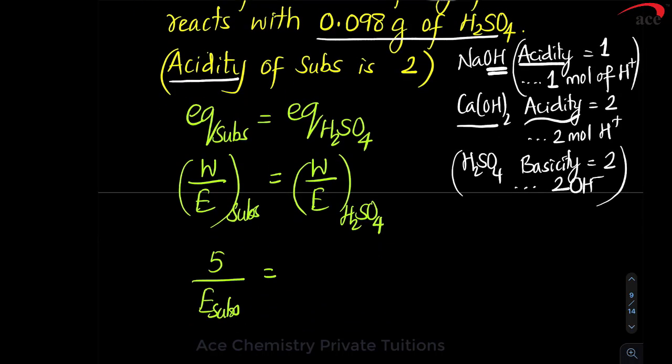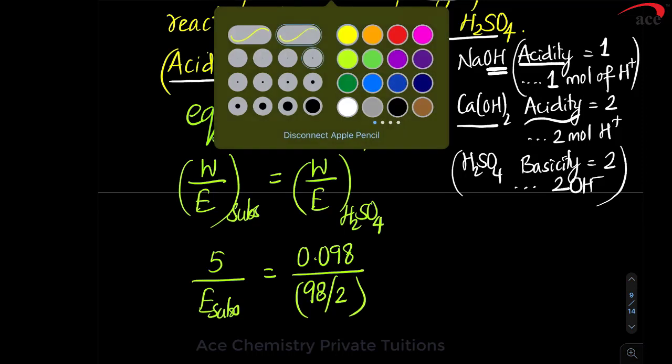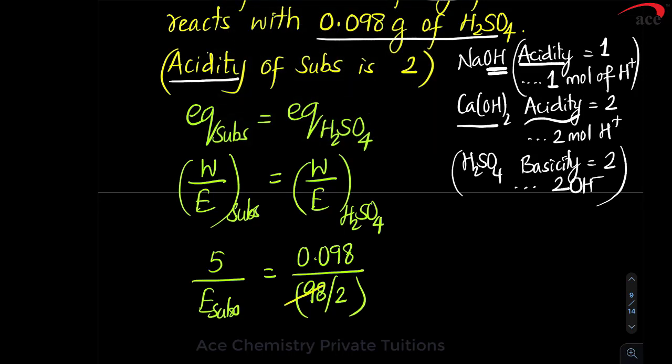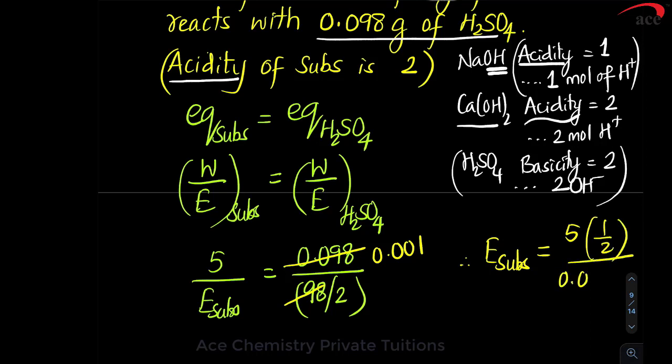So 5 upon equivalent mass of substance we don't know will be weight of sulfuric acid 0.098 upon equivalent mass of sulfuric acid, molar mass divided by factor 2. So what next? We'll cancel it out. Then equivalent mass of a substance will be 5 multiplied by 1 by 2 divided by 0.001.